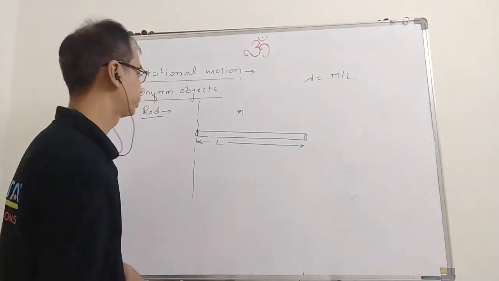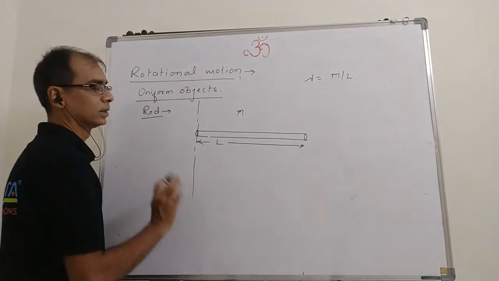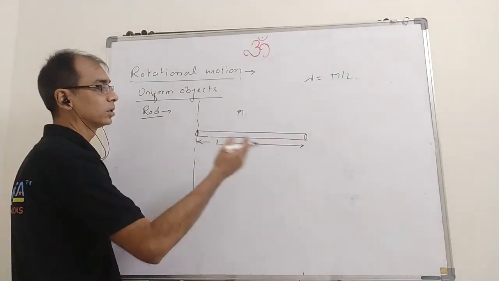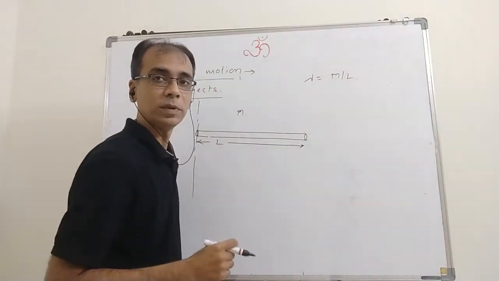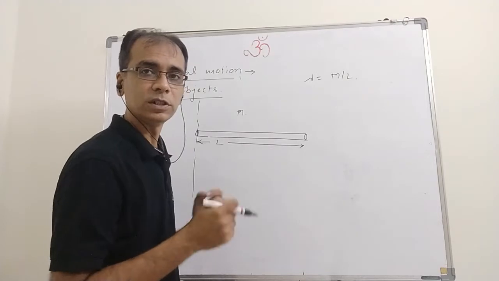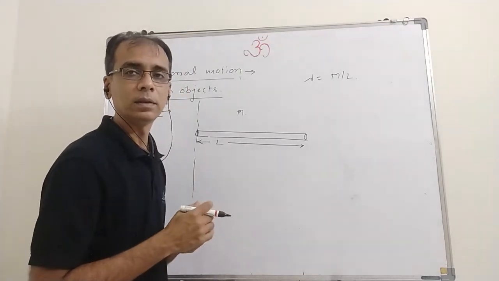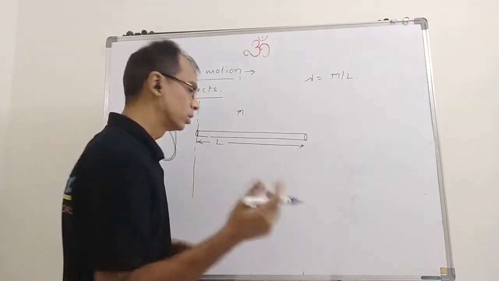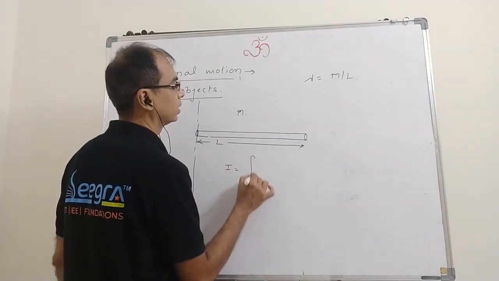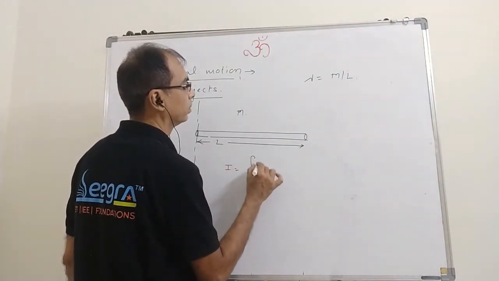So this is the axis. Now this is a uniform body. Uniform body means infinite point masses. So what we have to do is find the moment of inertia of each individual one and then add, which means integration. We take a small particle dm.